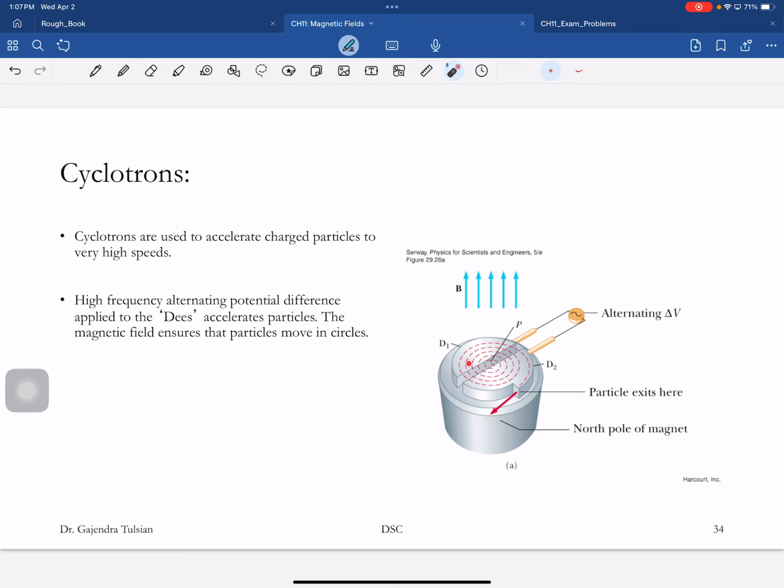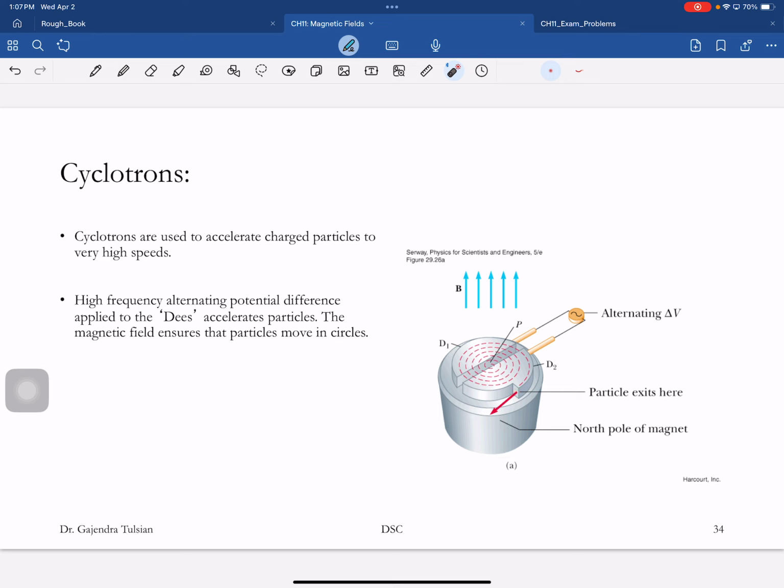When it goes across that D, it's getting faster. When it comes here, you make this one positive, and it accelerates. So it's accelerating across this gap every time, and the faster it's going, the bigger and bigger the circle. Each time it goes across the gap, it's getting faster, and eventually a fast particle comes out.